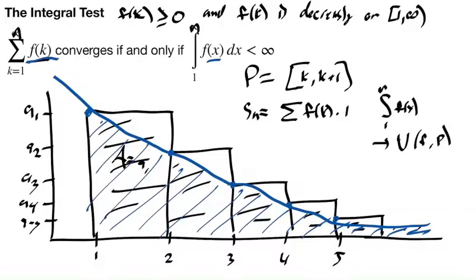Let's do the lower sum. So then if I do my lower sum, then this integral is always going to be bigger than that lower sum. But notice my lower sum is smaller than my Sn.